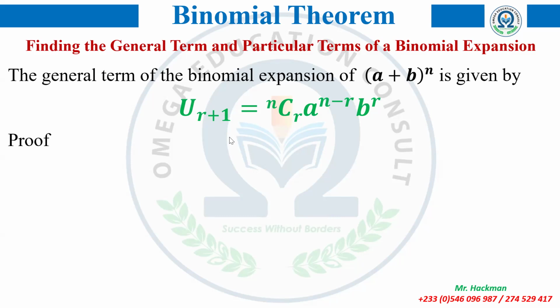This is all that you need to know in terms of the formula, and it is for a general expansion of (a + b)^n. If you know the general expansion, you can use that to generate particular expansions.